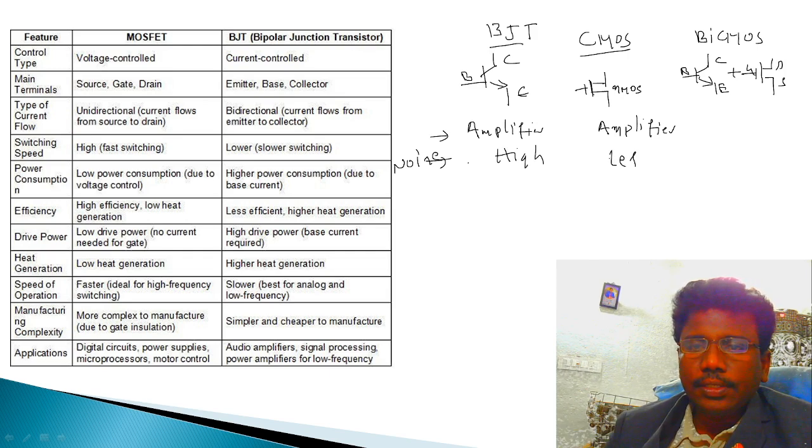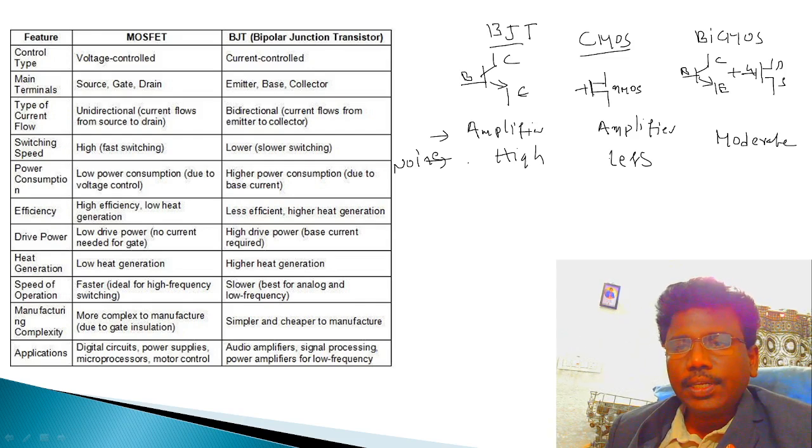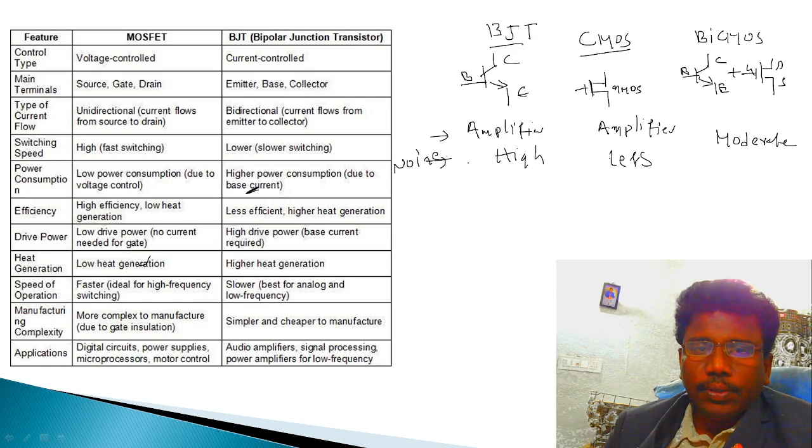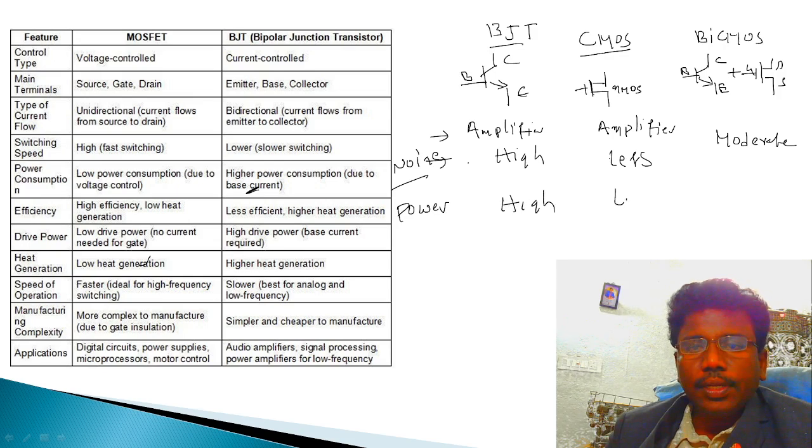It is less here, and here it has moderate noise because it has both bipolar and MOS transistors. One more comparison is power consumption: here it requires high power consumption, here it is less, and here the power consumption is moderate.